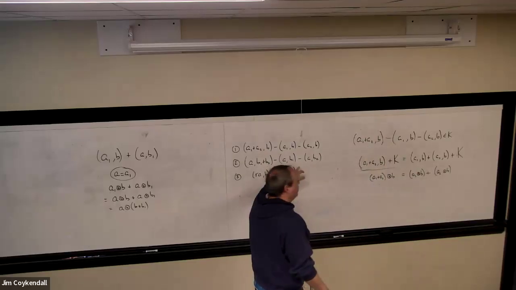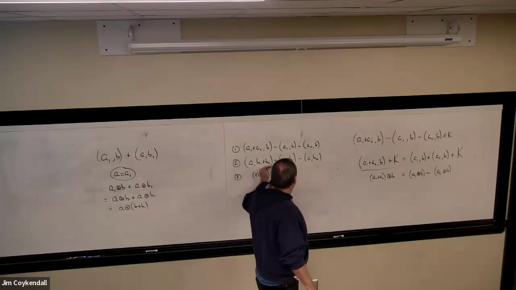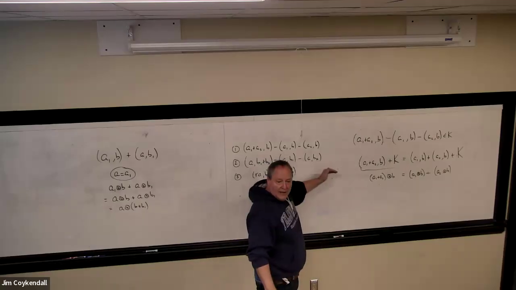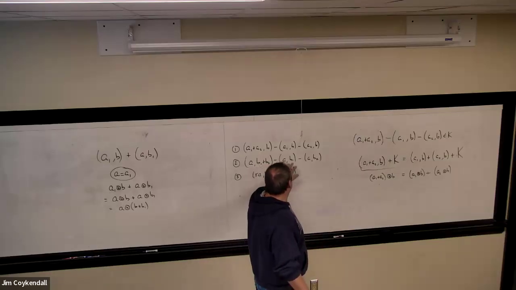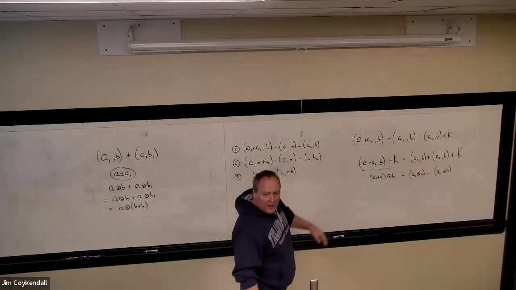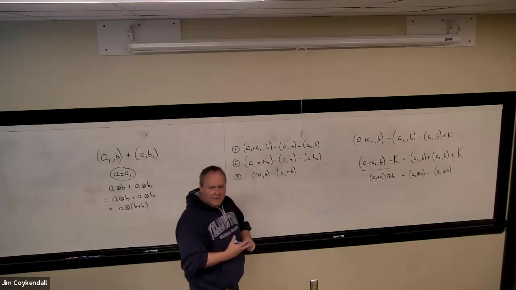And same thing off the other side. Elements of this form are always in K. So when you go mod K, this coset is equal to this coset plus this coset, or the other tensor. Does that make sense?